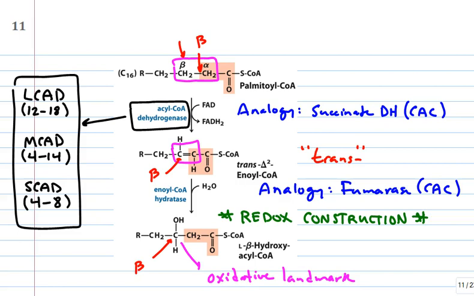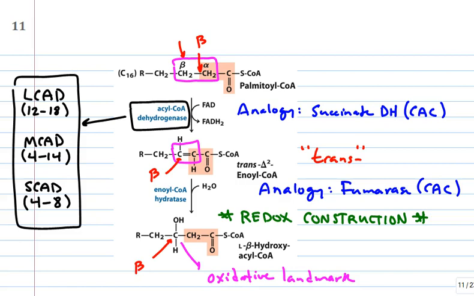And as it stands, that's not a very electrophilic carbon. So we have to do 4 steps to get that carbon more electrophilic so it can be attacked by the coenzyme A nucleophile to allow a new CoA molecule to be made and liberate acetyl-CoA.